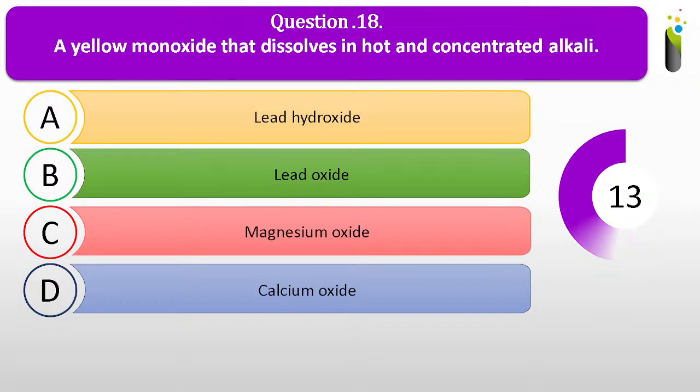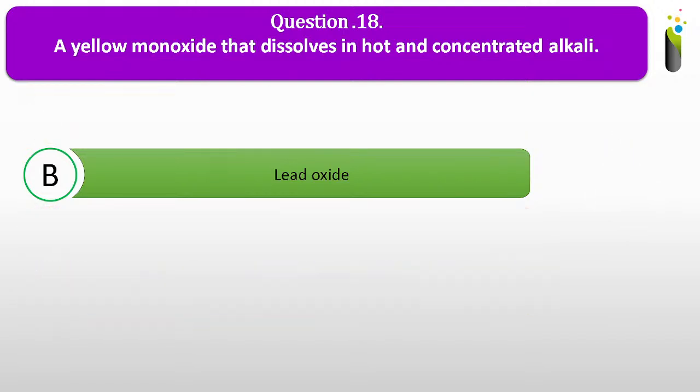So, a yellow monoxide that dissolves in hot and concentrated alkali, what should it be? And the correct answer for question number 18 is lead oxide. So it's lead oxide which is a yellow monoxide that dissolves in hot and concentrated alkali. So your answer for the 18th question is B.